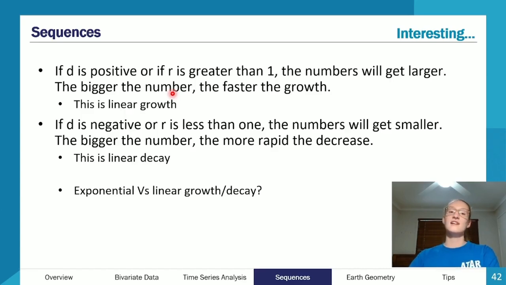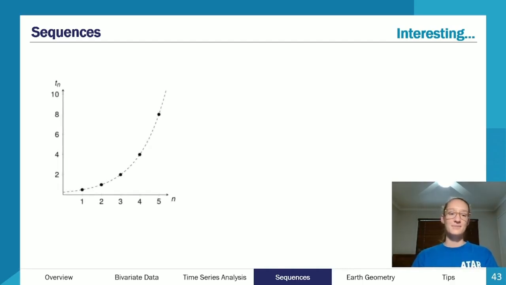That's an interesting aside as well. And if d is negative, we're going to have linear decay. Or if r is less than 1, we're going to have exponential decay. Again, I just want to plant those thoughts in your mind to start you thinking about what that might mean. We're going to revisit that in a minute.